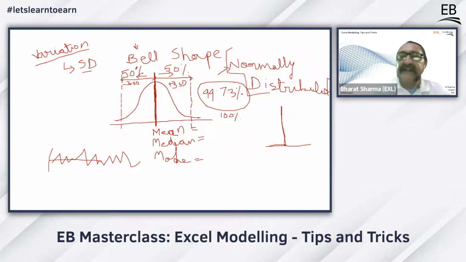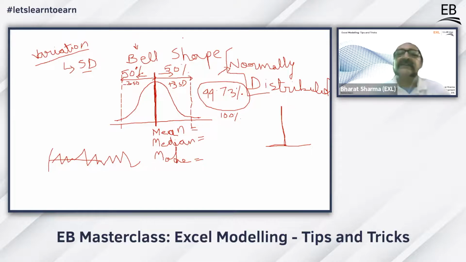I'm saying, okay, Carl Gauss, you said if your data is normally distributed, it will have a bell shape. It will always have 50% of data on the left and right of your central tendency point, and almost 99.73% of the data points will lie between plus minus 3 standard deviations.